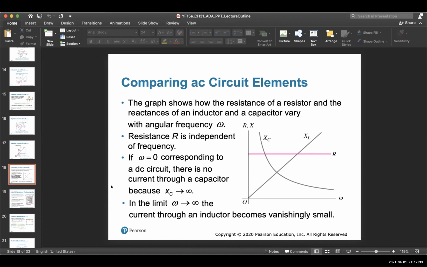In the steady state. The initial transient response where everything adjusts and finds its equilibrium, okay, but there is no current through a capacitor because, well, its reactance has become infinite. It's become charged. In the steady state.